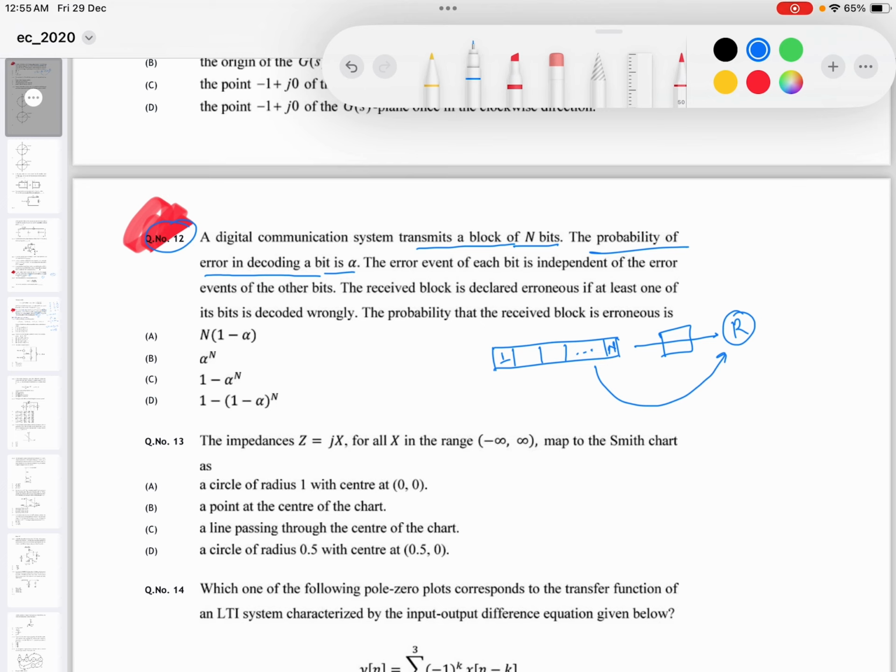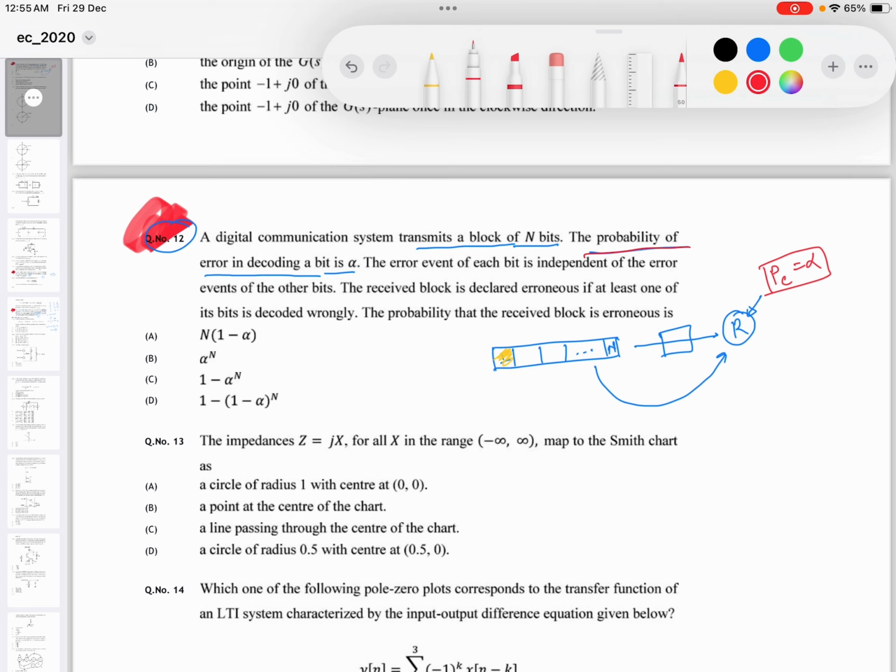In the question it is given that the receiver will decode a certain bit with a probability of error, that is alpha. So the receiver will decode a bit incorrectly with probability alpha.